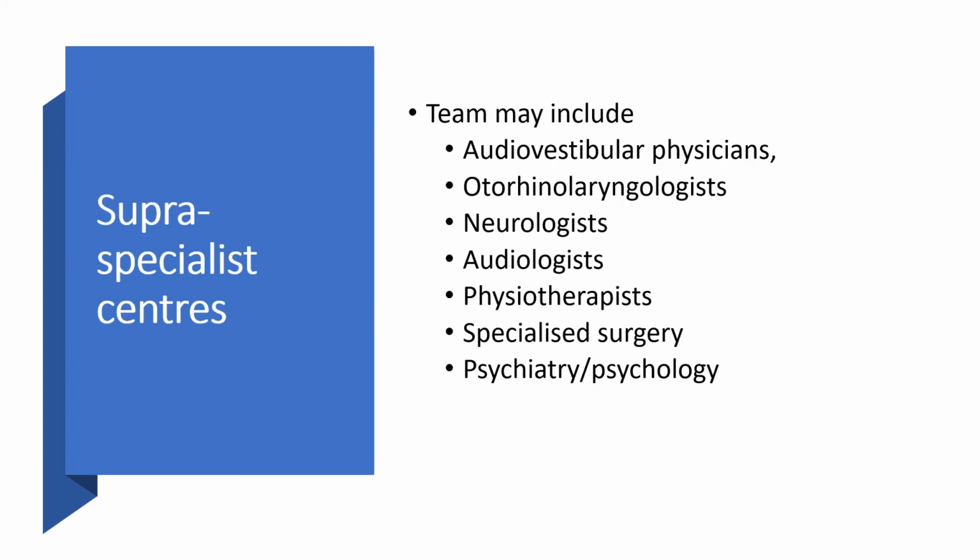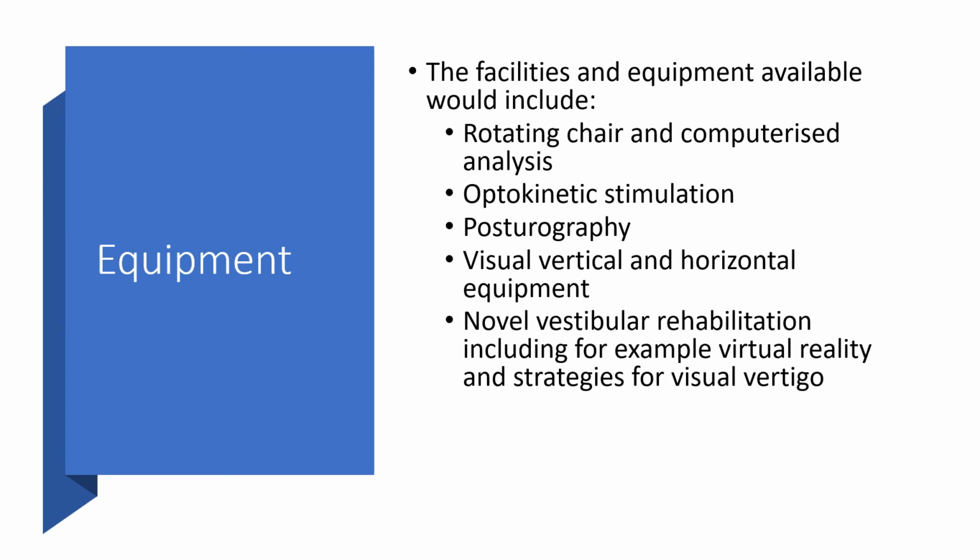What I term as supra-specialist centers are centers that the whole region or the whole nation refers to. Maybe university hospitals, so their teams are more skilled, they have more knowledge, they have the ability to perform specialized surgery for vertigo. So these referral centers may have more advanced diagnostic tools.